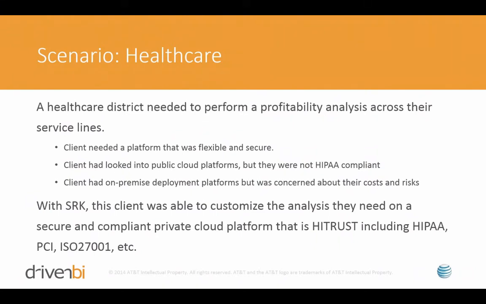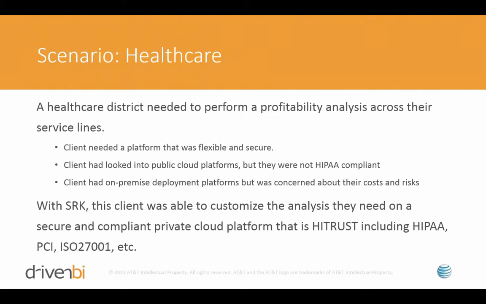So let's go ahead and take a look into a healthcare use case. In this scenario, a healthcare district wants to perform a profitability analysis across their different service lines. Whether it is for the ER, observation, or lab, they would like to make sure that they are being profitable throughout their district. Before finding SRK, the client had looked into other public cloud platforms.